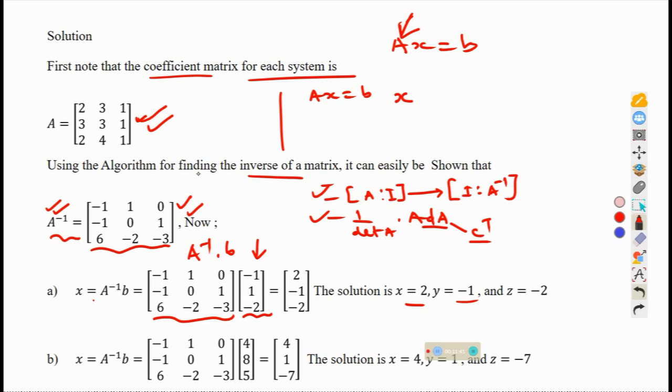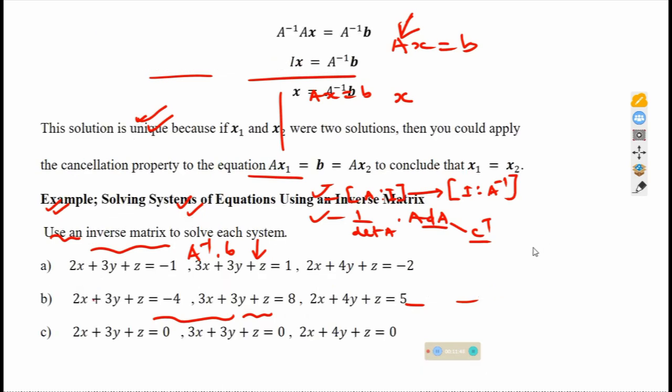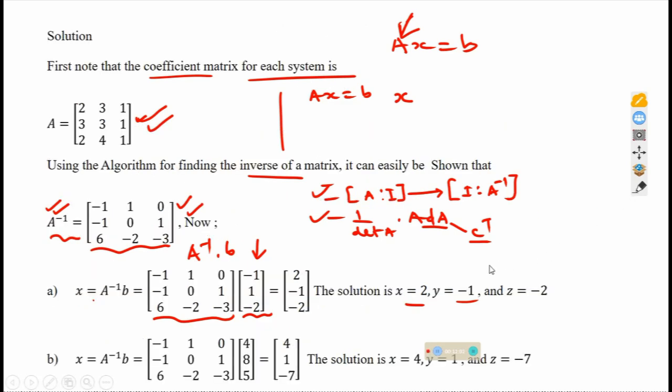So that one we can easily see from this given point, that when you look at this, the constant term is -1, is 1, is -2. So those are the constant terms we are talking about. Now, we are looking at basically how to get the values of x, y, and z.